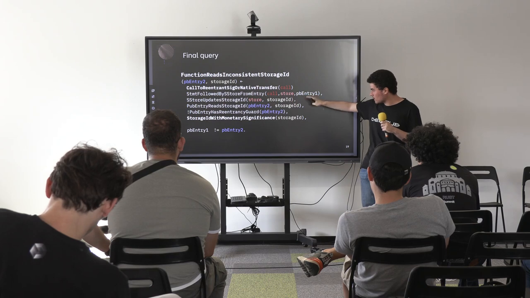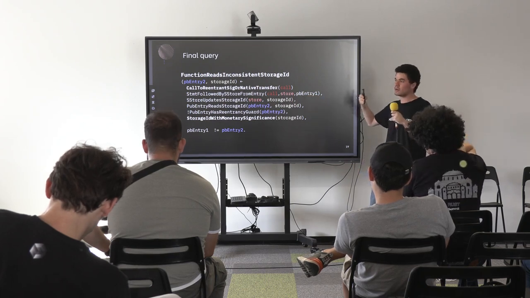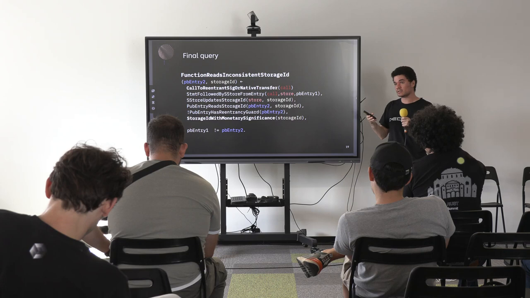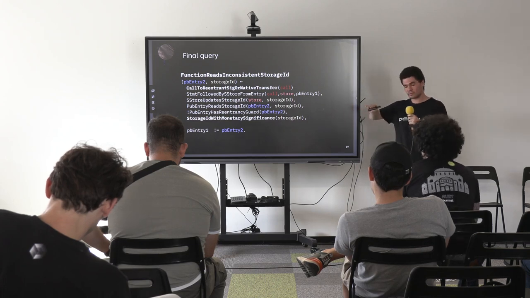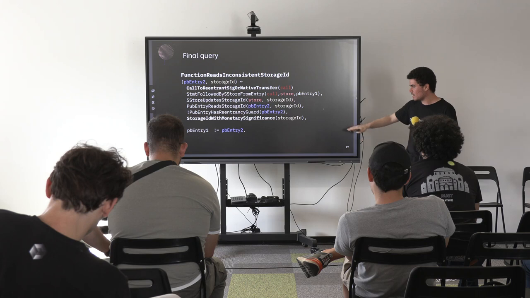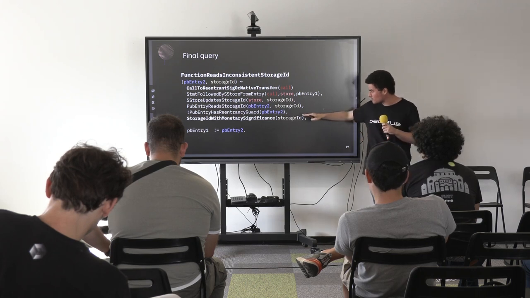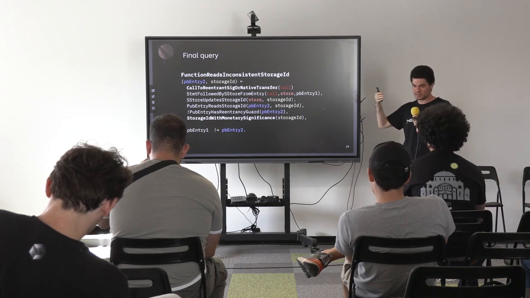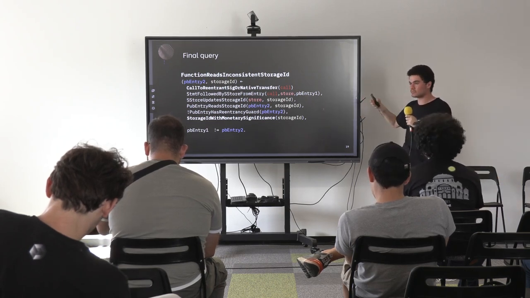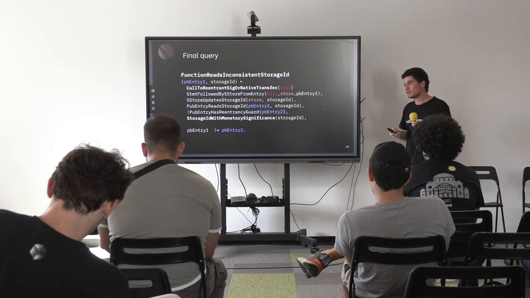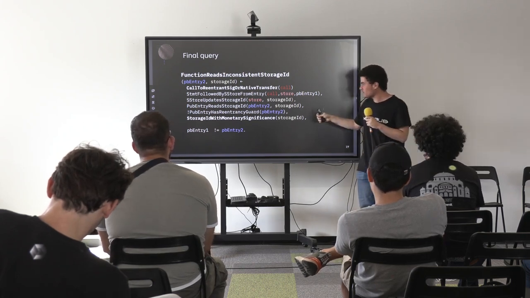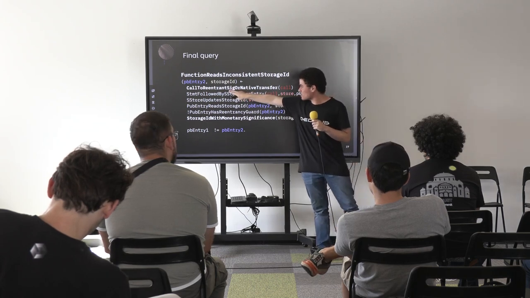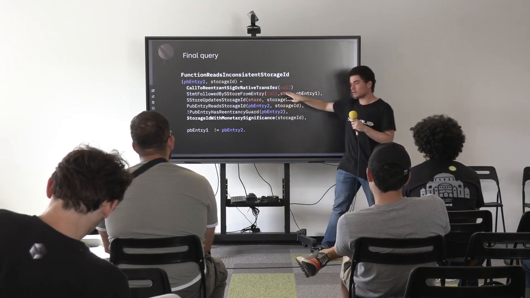We take note of the storage ID that has not been updated when the execution is being hijacked. And in the end, we make sure that that storage ID has previously been deemed a significant one with money significance.